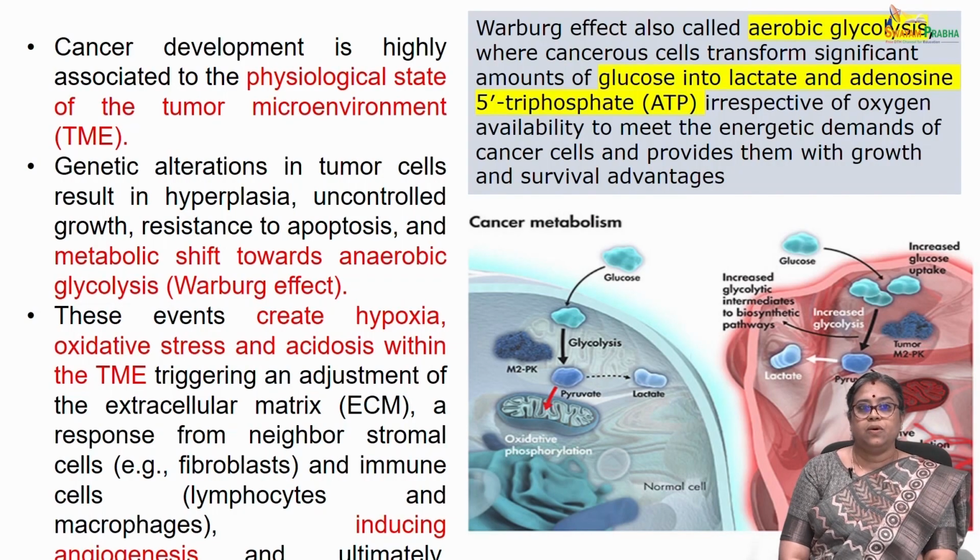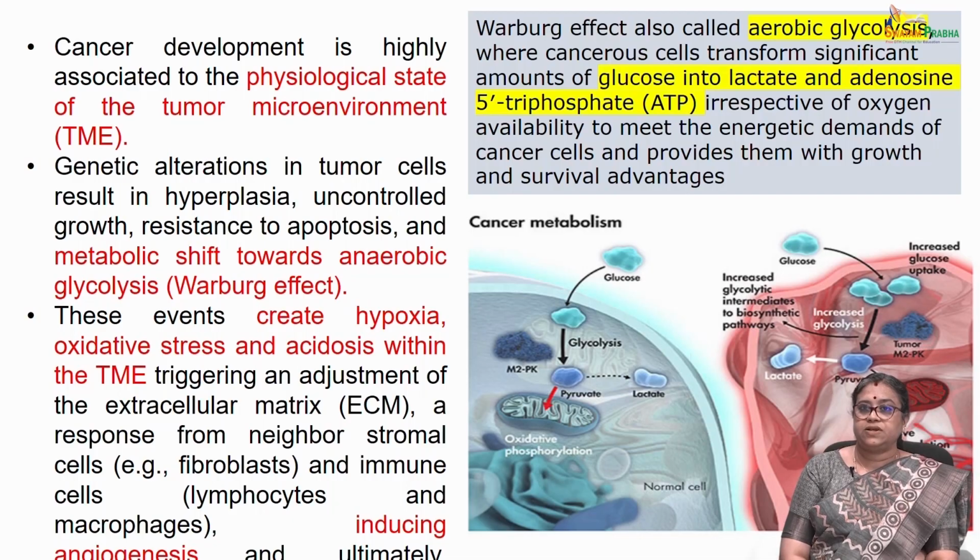As we all know, cancer development is highly associated with the physiological state of the tumor microenvironment. We have genetic alterations which happen in the tumor cells, which result in hyperplasia, leading to uncontrolled growth and resistance to apoptosis. There is a metabolic shift towards anaerobic glycolysis, which we call the Warburg effect.